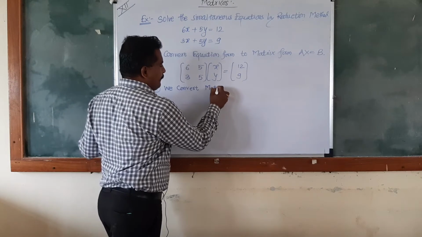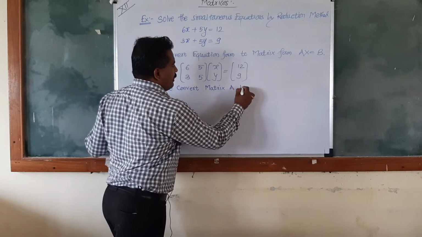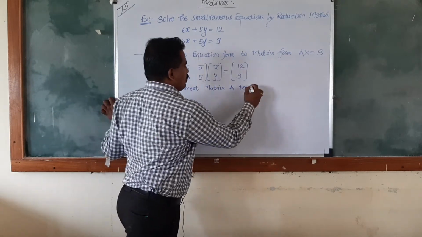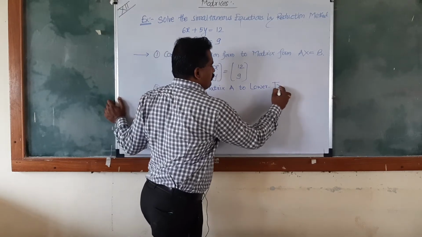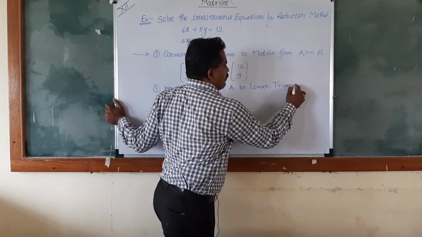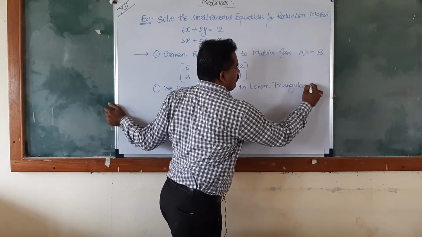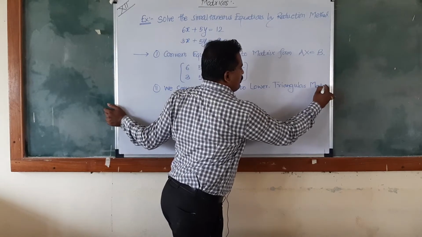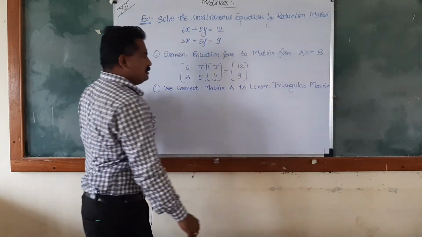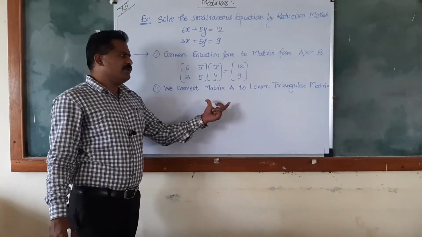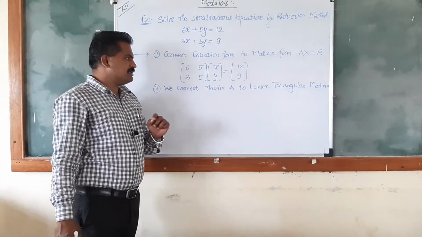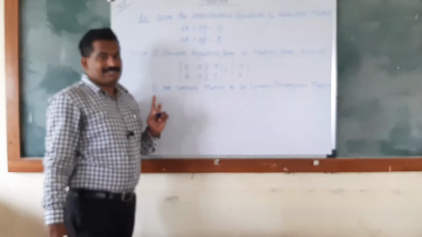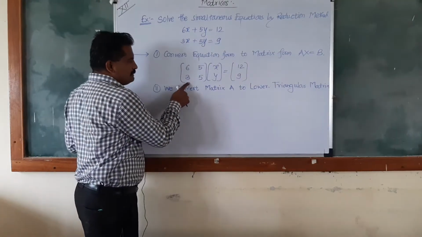Now, second, we convert matrix A to lower triangular. To convert to lower triangular or upper triangular, it is your choice.